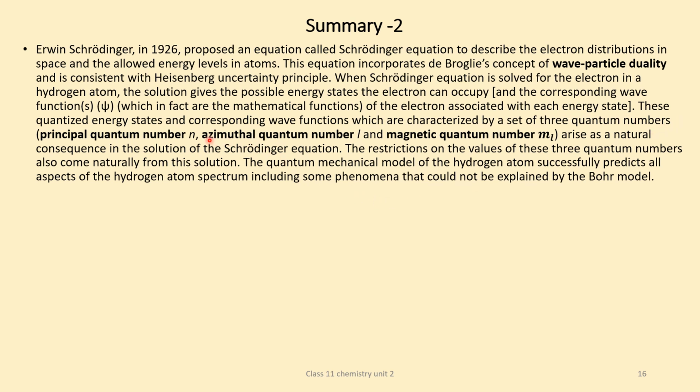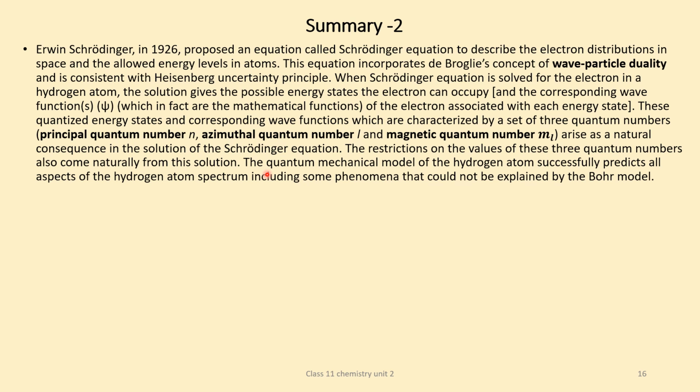These quantized energy states and corresponding wave functions, which are characterized by a set of three quantum numbers: principal quantum number n, azimuthal quantum number l, and magnetic quantum number ml, arise as a natural consequence in solution of Schrodinger equation. The restrictions on the values of these three quantum numbers also come naturally from the solution.